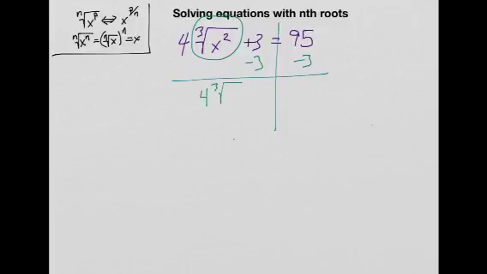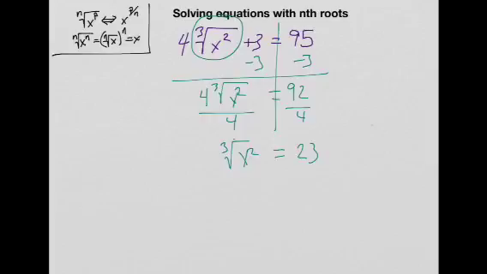4 times the third root of x squared equals 92. I'm going to divide by 4. And the third root of x squared equals 23.